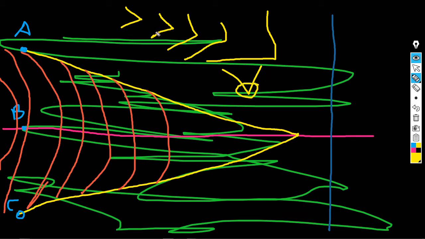So these are circles, these would be hyperbolas, there would probably be some ellipses in here, and maybe a parabola here. As the bullet travels out, the shape on the ground will change. But we're going to ignore those nuances for now.